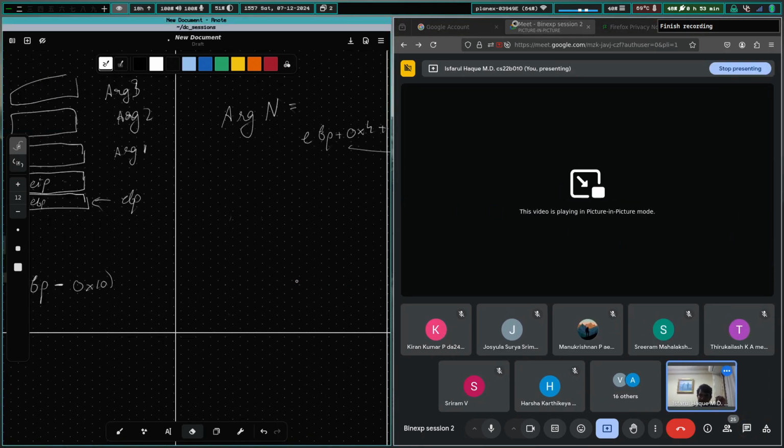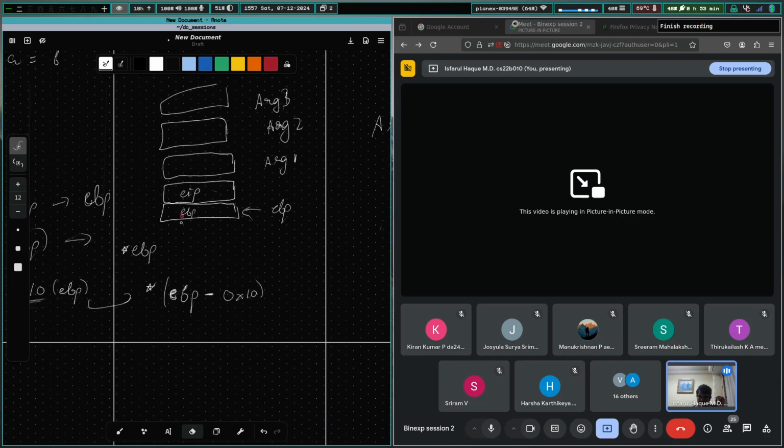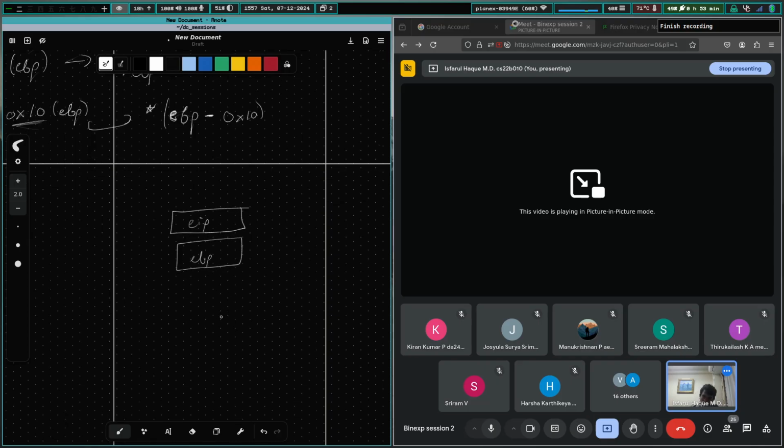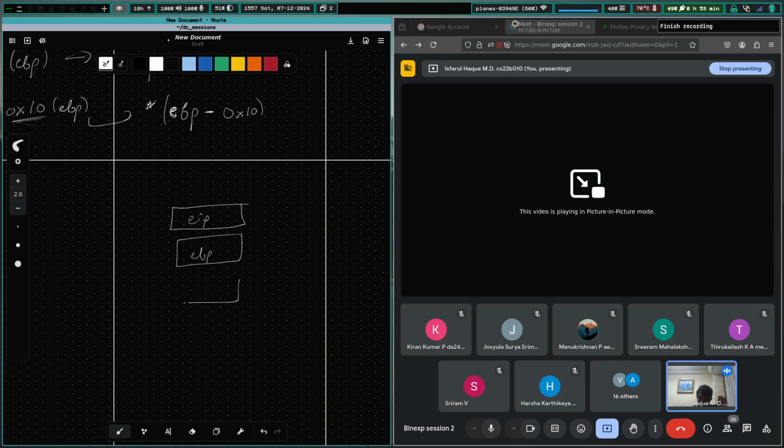Similarly, for variables, it's the other way. EIP is here, EBP is here, and EBP points to here as well. First variable is here, second variable is here, and so on.